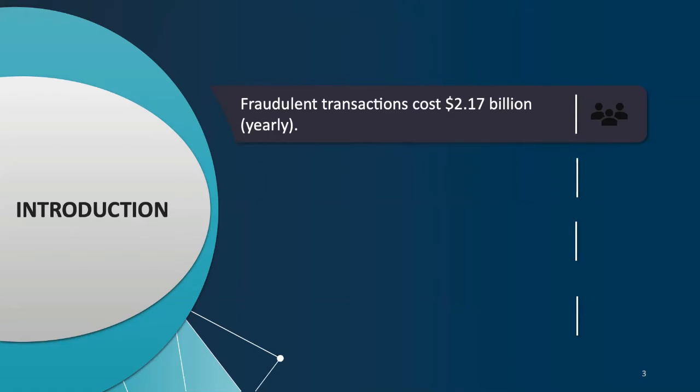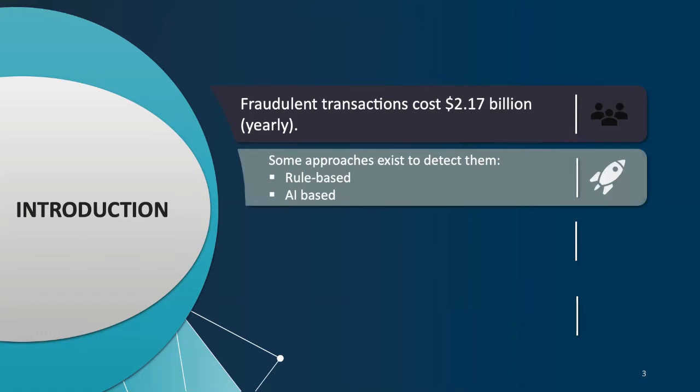Then of course, there could be some fraudulent transactions. These fraudulent transactions cost $2.17 billion yearly. That's a huge number for the industry. And then, of course, with this huge number, there are some approaches to detect them.